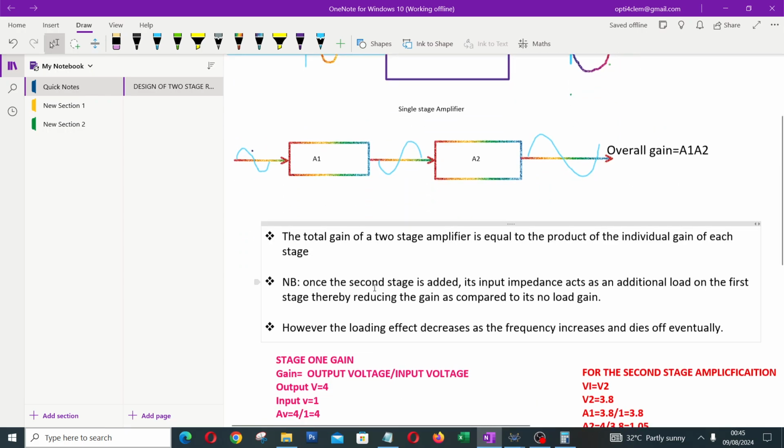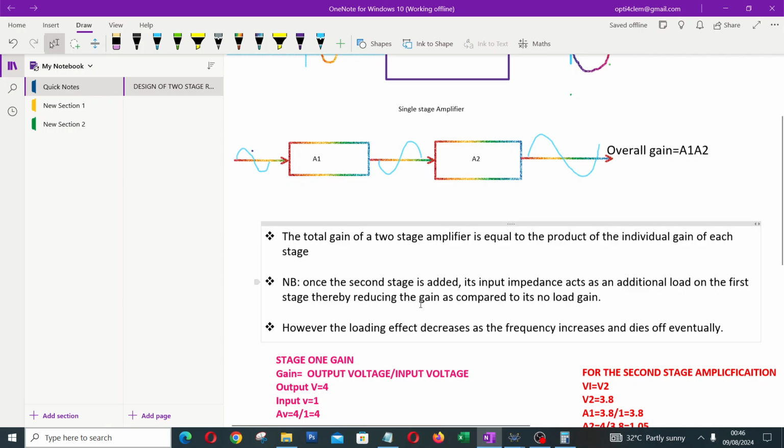Another thing to notice in this two-stage amplification is that the second stage amplifier, that is the second transistor and all its attached parameters, the biasing resistors, the RC coupling and all those things, become a load to the first stage amplifier.